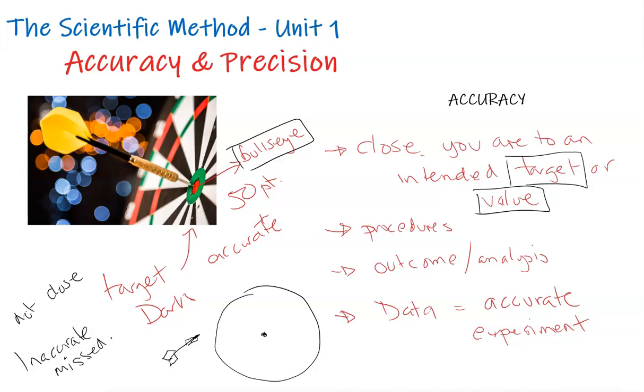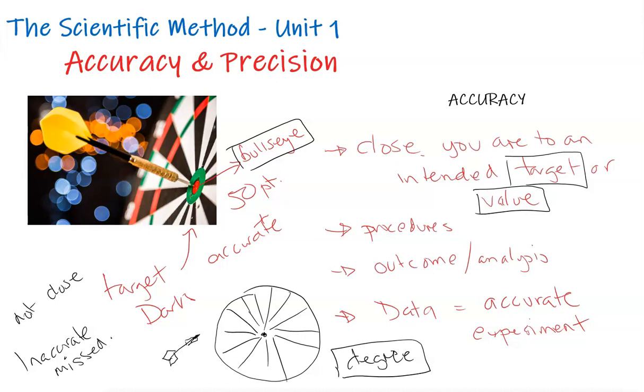So obviously I'm not hitting the target, it's not going to be accurate. And the degree of accuracy can fluctuate depending on the value or target that you're trying to hit. In this case, a dartboard, you have various values around the dartboard, but the center has the highest value, right? The bullseye.